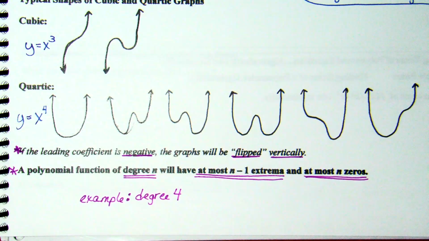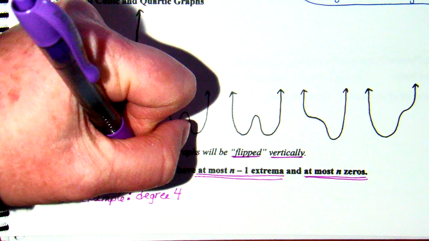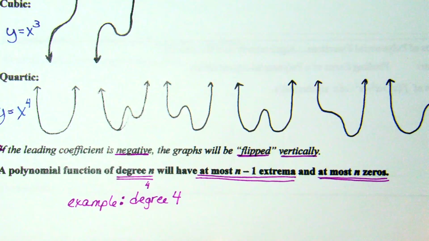What do we mean by n minus 1? 3, because it would be 4 minus 1. Now, technically, it's not exactly 3 extrema, but it is at most 3 extrema. And if the degree is 4, what does it mean about zeros? At most n zeros, which would say at most 4 zeros.